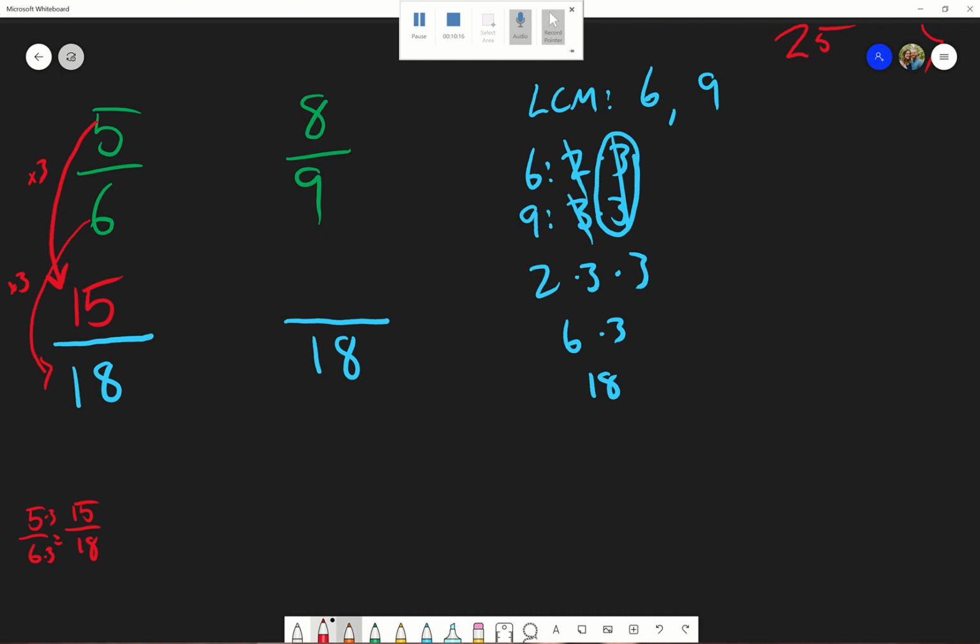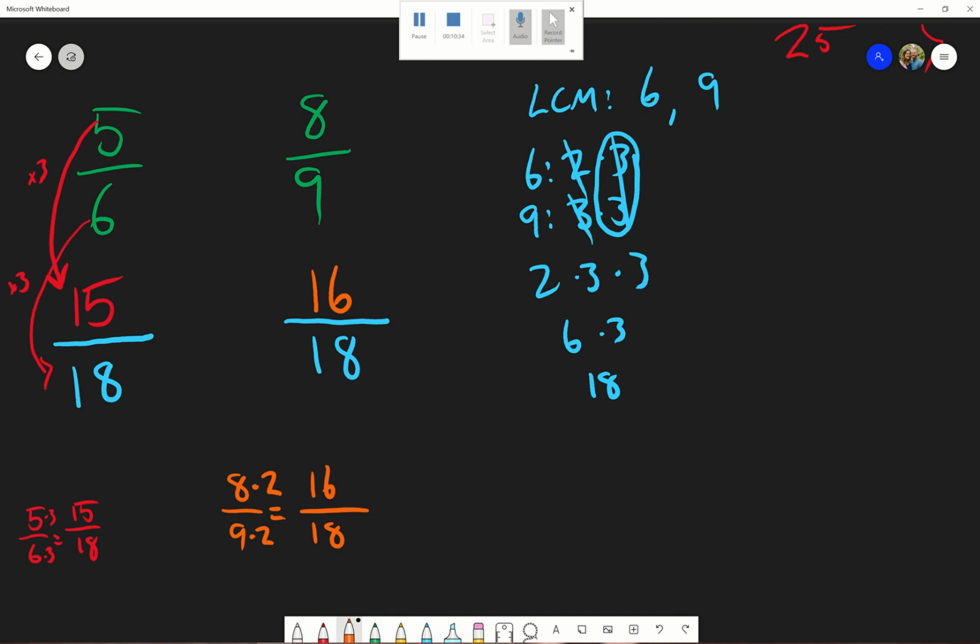Yes? And then we go, all right, well, 8/9 is equal to something over 18. I get from 9 to 18 by multiplying by 2. Do the same on top. 8 times 2 is 16. So this is 16/18.